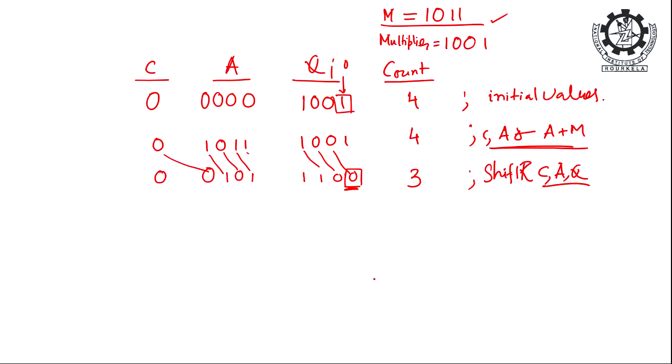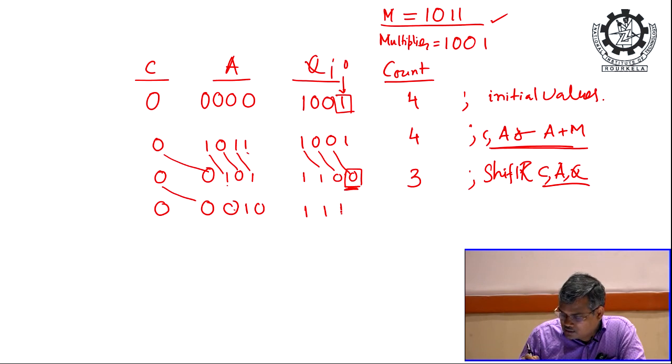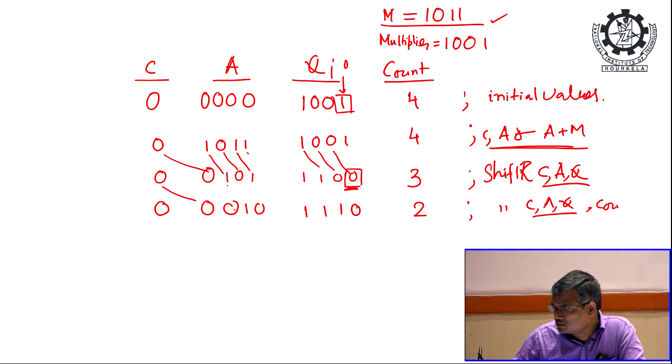So, this 0 will come here, this will be automatically 0 because nothing is there. This 0 will come here, this will be 1, this will be 1, this 1 will come here, and 0, and then the counter will be 2. So, again shift C A Q and the counter will reduce, minus minus.